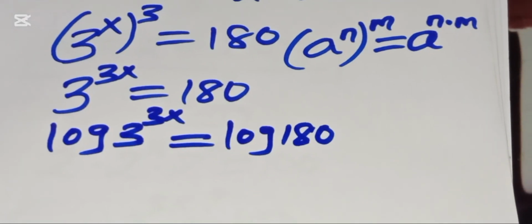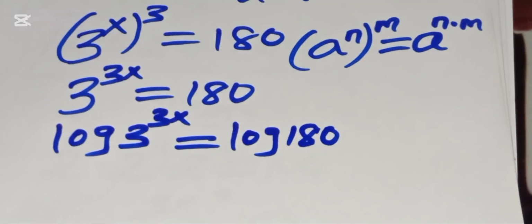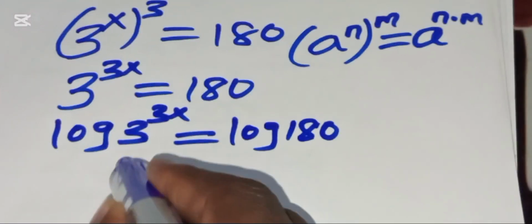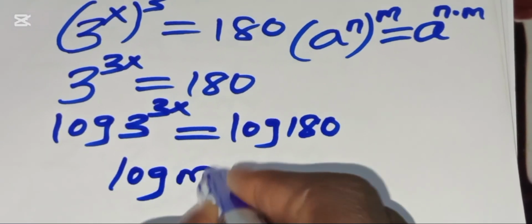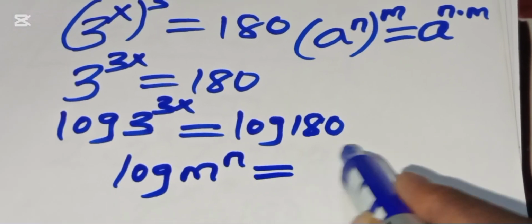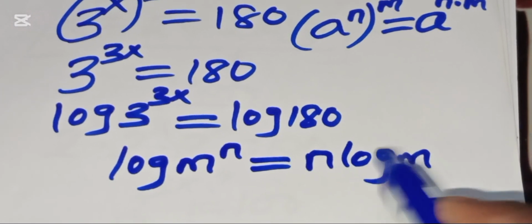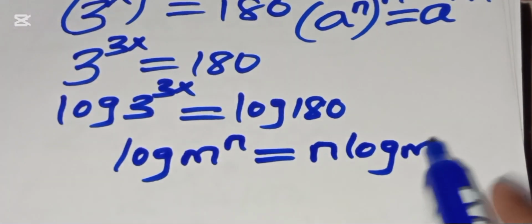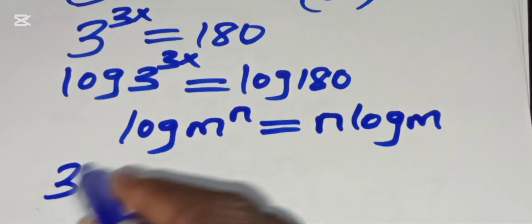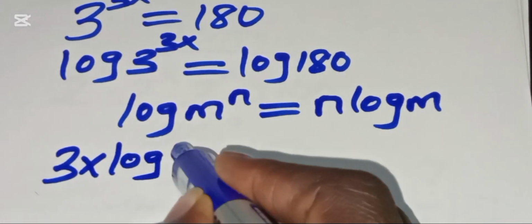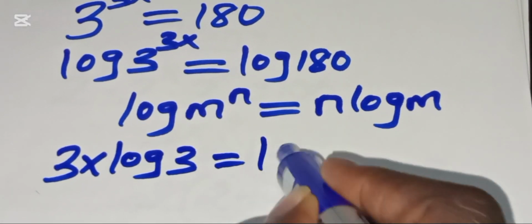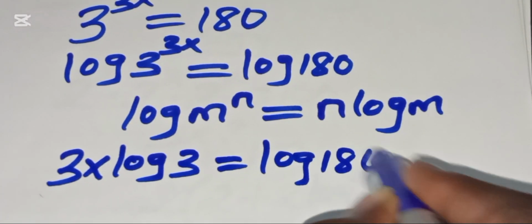Now, log 3 raised to power 3x is in the form of log m raised to power n, which you can express as n log m. This is the power rule property of logarithms. Applying this property, we'll have 3x log 3 equal to log 180.